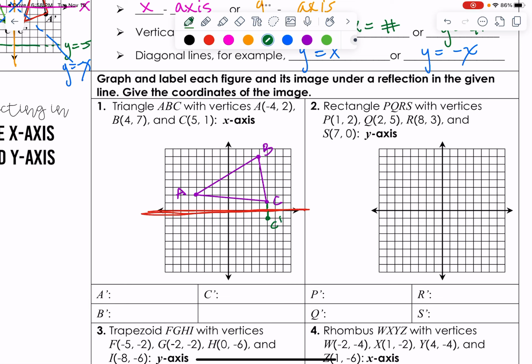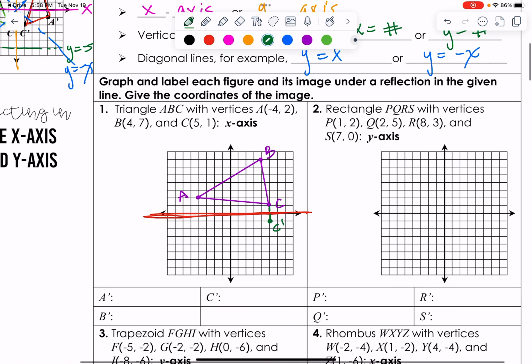B is 7 up, so we come down and count down 7. That's B prime. A is 2 up, so we come 2 down, and here is A prime. When we connect our dots, there's our reflection.